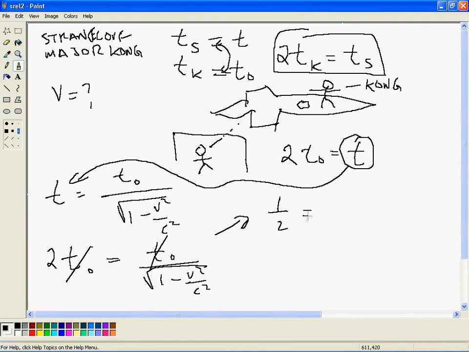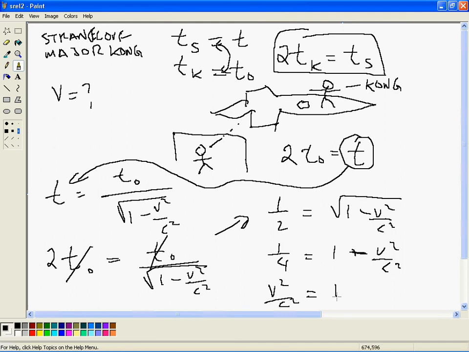Now if we reciprocate, we'll go 1 over 2 is equal to root 1 minus v squared over c squared, and now square both sides. 1 over 4 is equal to 1 minus v squared over c squared, and now we have v squared over c squared is equal to 1 minus 1/4, which is 3/4.